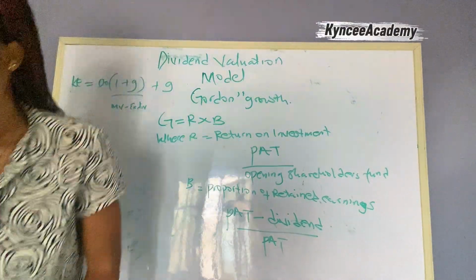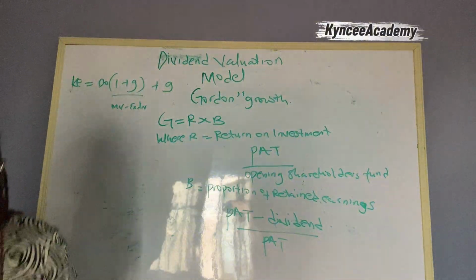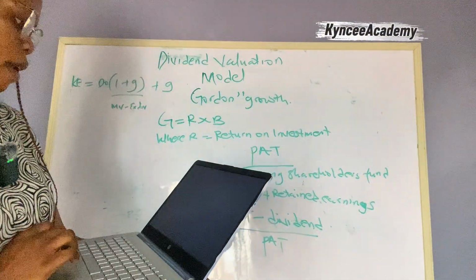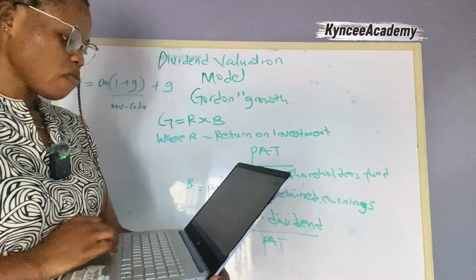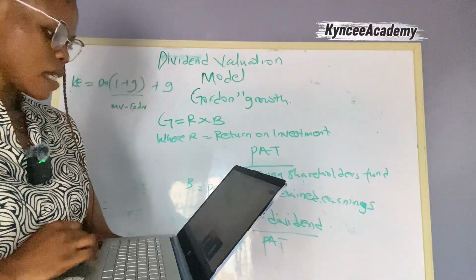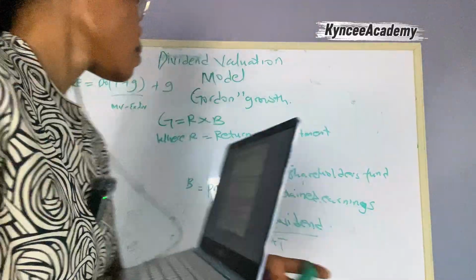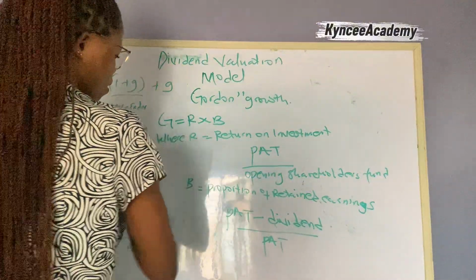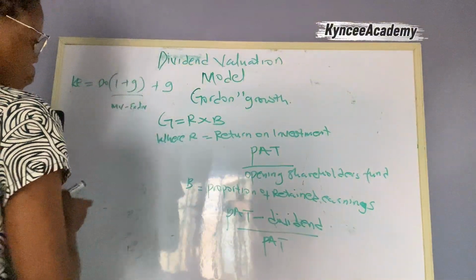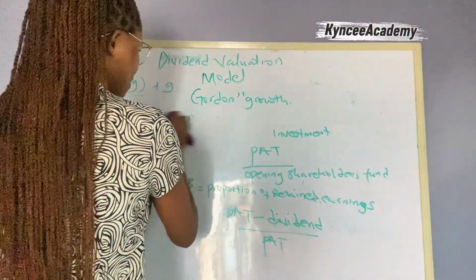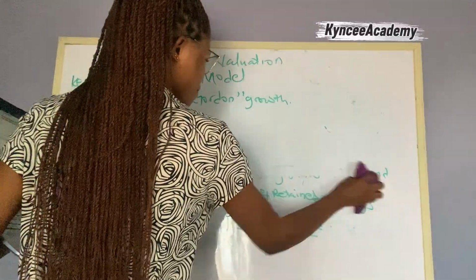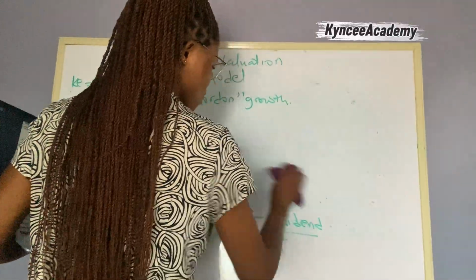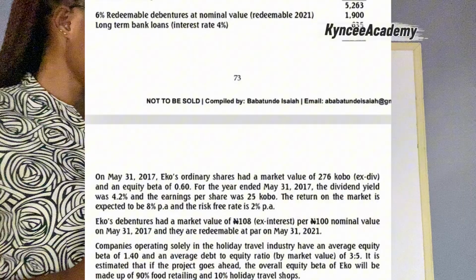So the question that I want to solve is ICAN November 2018. So this is our formula, right? Eco PLC.